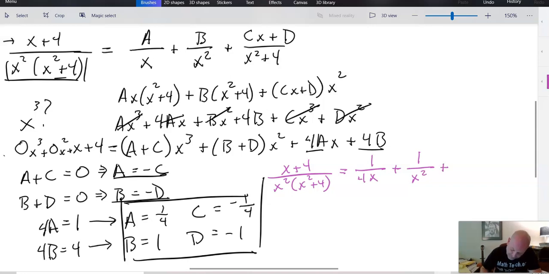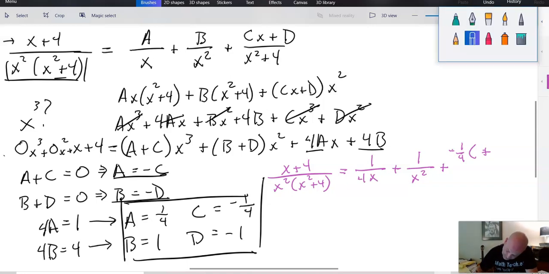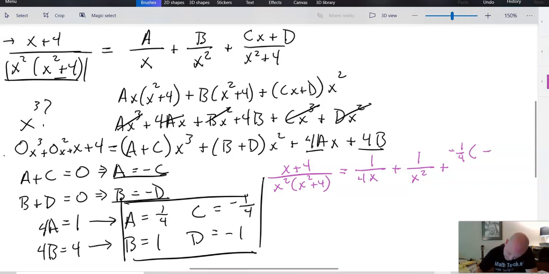And then our third term is cx plus d, which would be, let's see here, negative 1/4 c plus, oh, it would be minus, d is minus 1, so that's minus 1.